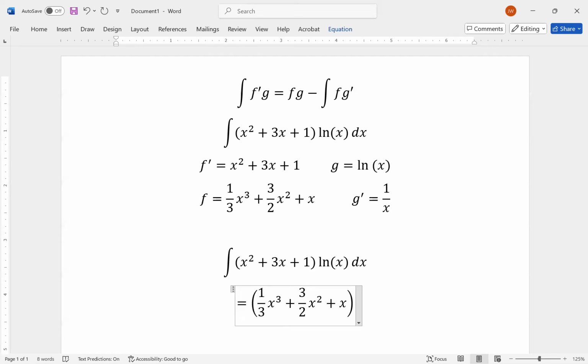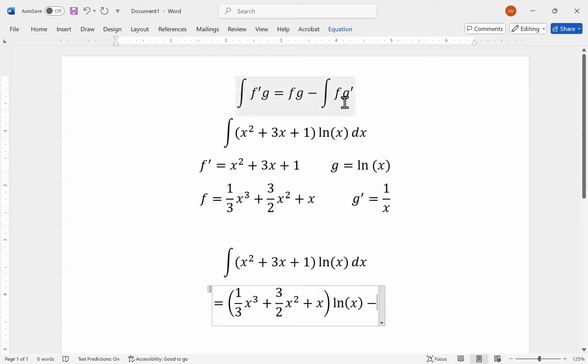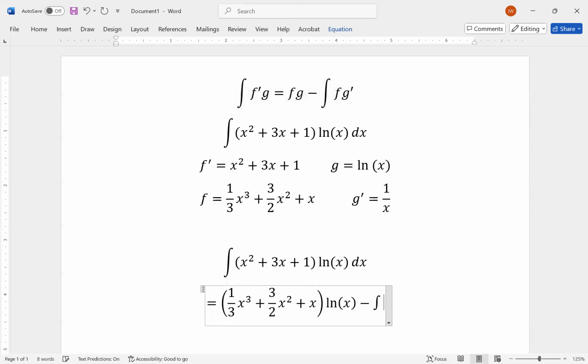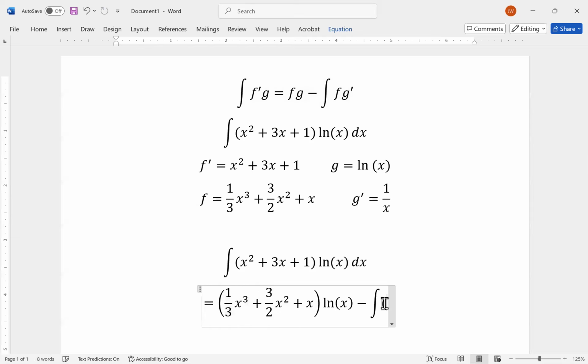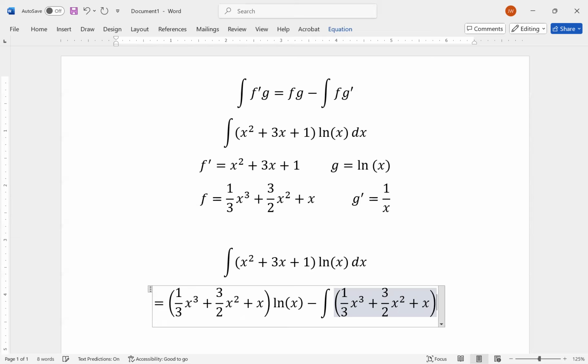Make sure you put that in parentheses when you multiply it times natural log of x, because the entire polynomial is being multiplied times natural log. Minus f times g prime integrated with respect to x. Now, once again, f is this ugly polynomial. But g prime is 1 over x.